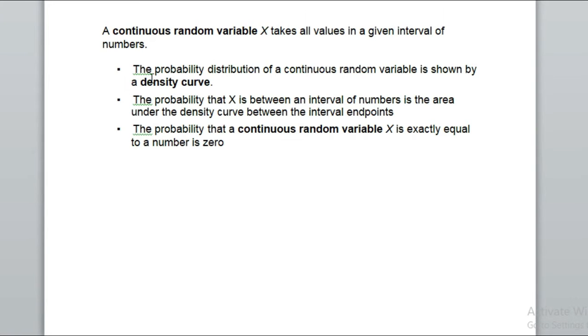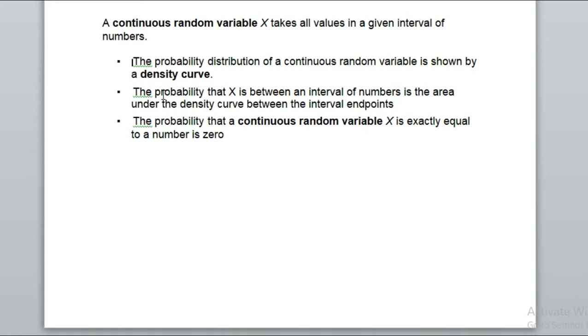The probability distribution of a continuous random variable is shown by a density curve. The probability that x is between an interval of numbers is the area under the density curve between the interval endpoints.